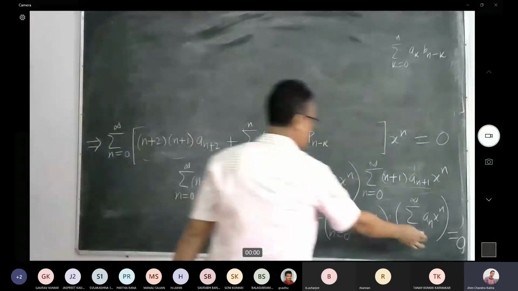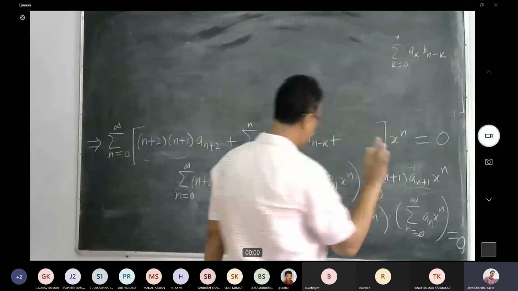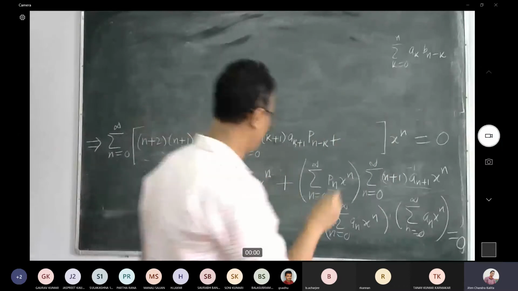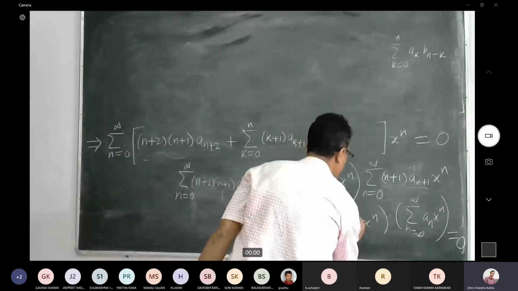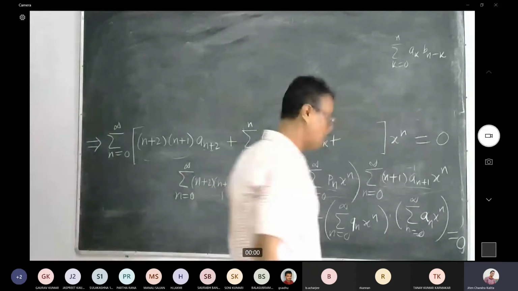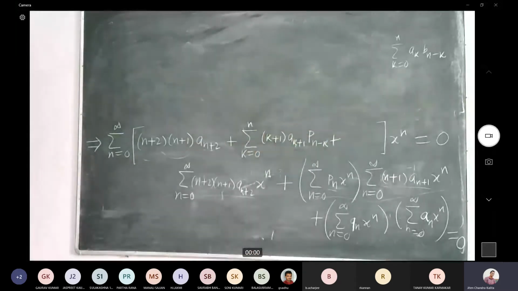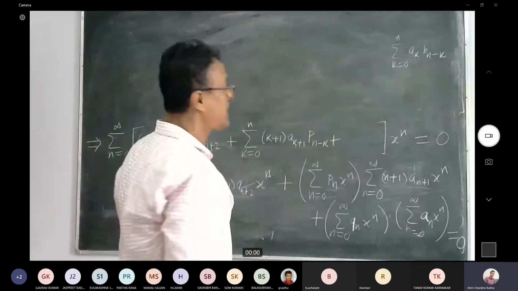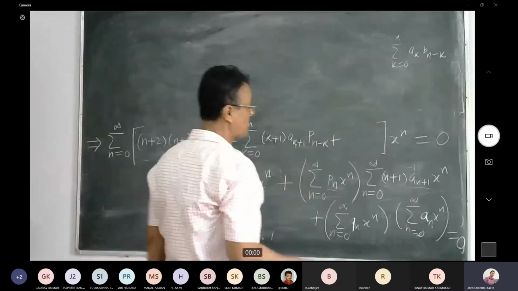Similarly for this, once I write, just one thing: this q and this a, be careful about how you write it. A and q should look similar.